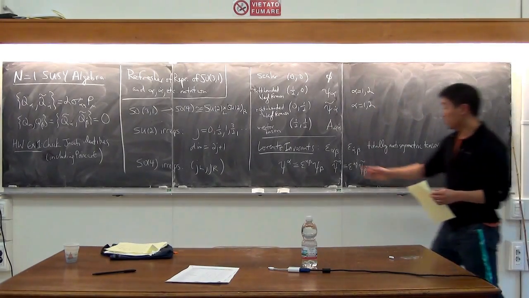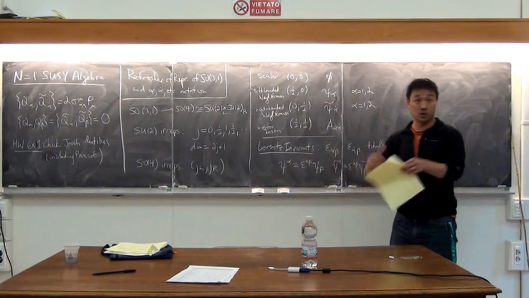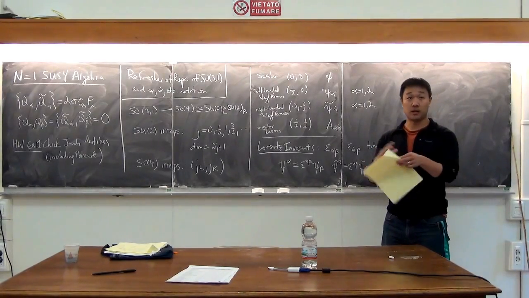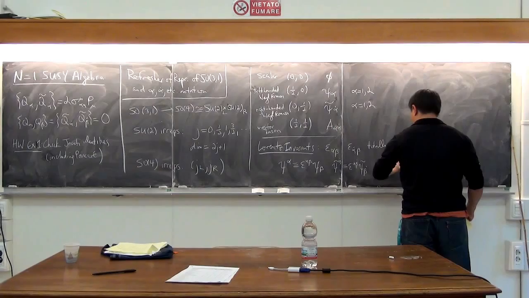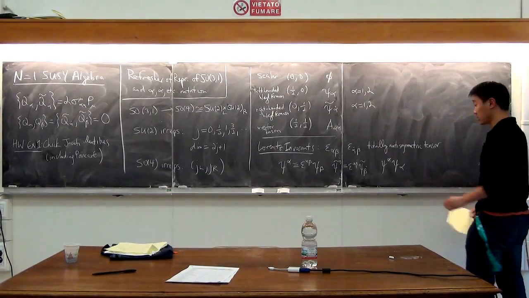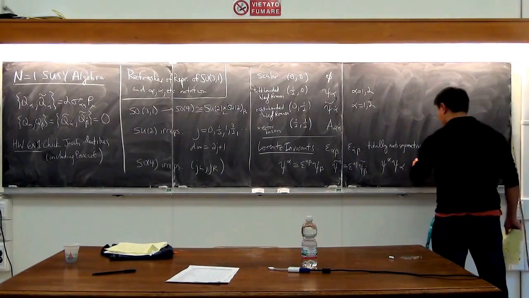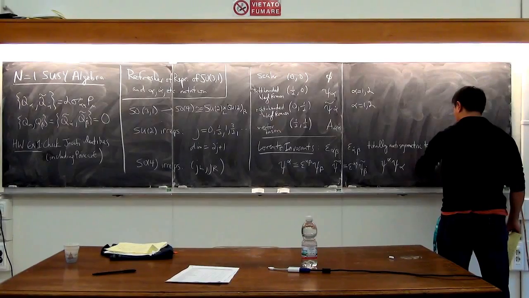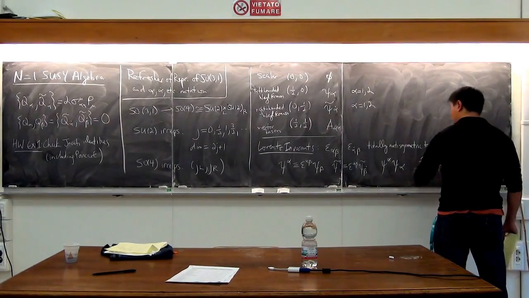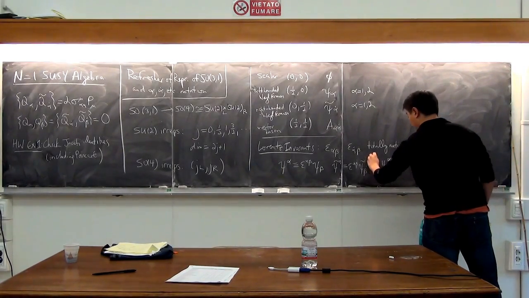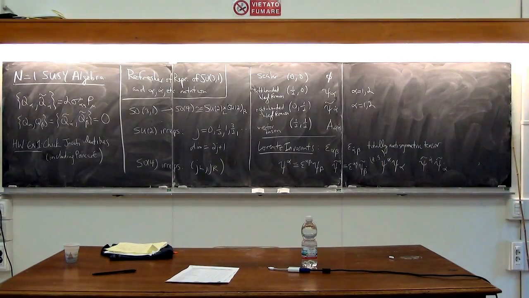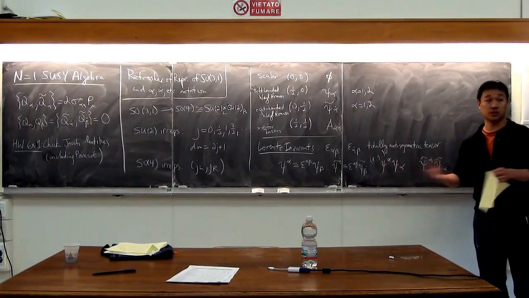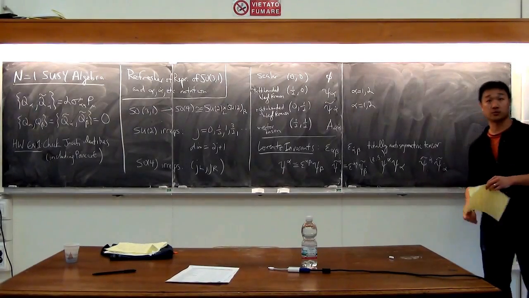And then by multiplying together raised and lowered indices, we form Lorentz invariants. So this is a Lorentz invariant object, okay? So is this, for example. Lorentz invariant objects are ones in which all the indices are contracted. You're probably familiar with that also from GR.